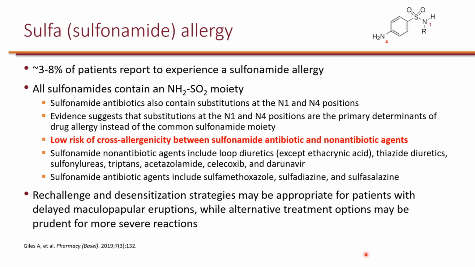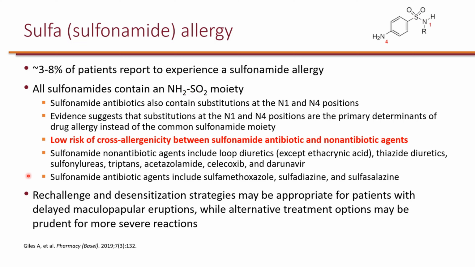Now let's take a look at sulfonamide allergy, which is often referred to as sulfa allergy. Now about 3 to 8% of patients report experience with sulfonamide allergies, and in general all sulfonamides, which can be divided into sulfonamide antibiotics and sulfonamide non-antibiotic agents, they basically all contain a sulfa moiety.